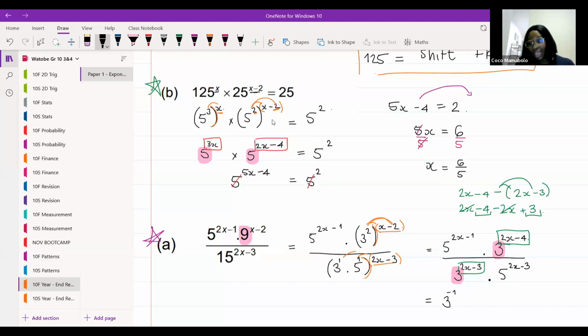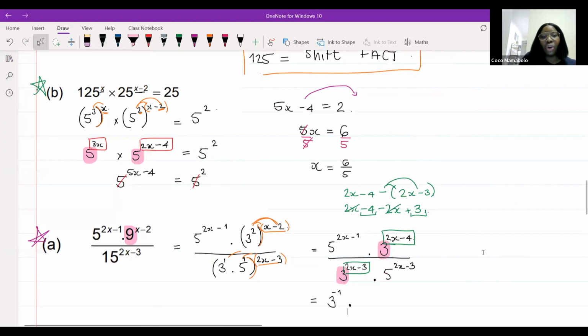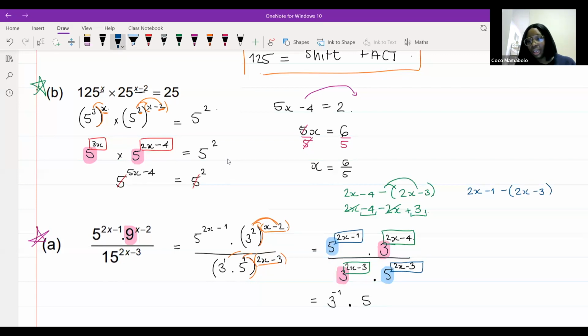Amazing, amazing, amazing. Times. Now we are only done with the 3s, patience. We still need to do the 5. So let's go and do 5. 5 is also being divided, right? So what are we going to do with the exponents? Okay, good. I'm going to minus them, right? Because we're subtracting, I must minus, right? So I'm going to have 2x minus 1 minus, and then I'm going to open brackets and put in there 2x minus 3, right?